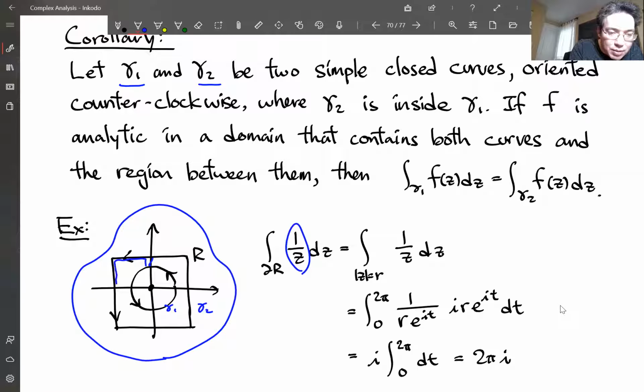We could look at a path that looks like this. Let's just break it up into 4 pieces here. You could break up the path into these 4 smaller pieces.